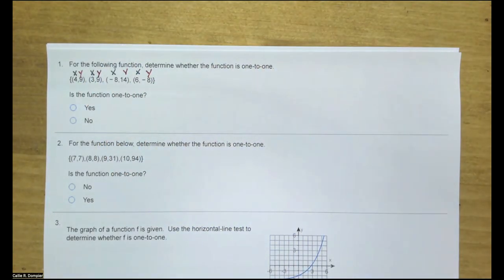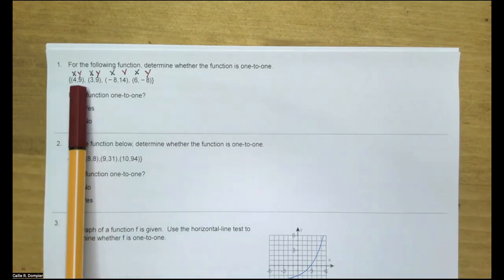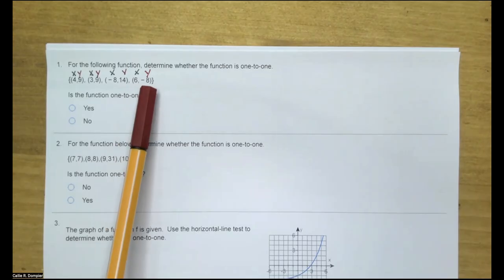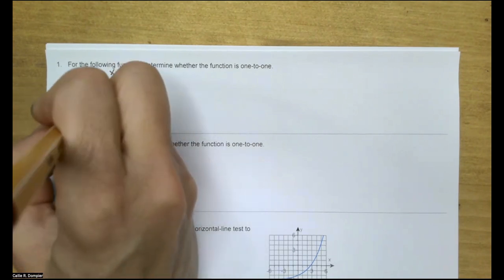So each x has to have its own y. In this case, 4 goes with 9, 3 goes with 9, -8 goes with 14, and 6 goes with -8. So because both 4 and 3 have 9 as their output, it is not a one-to-one function.